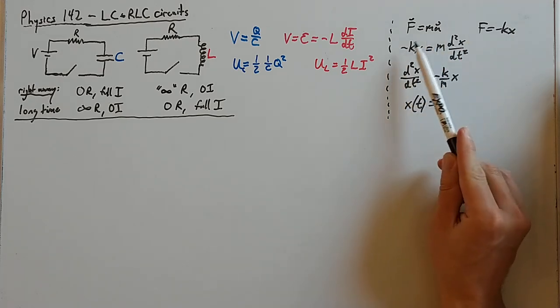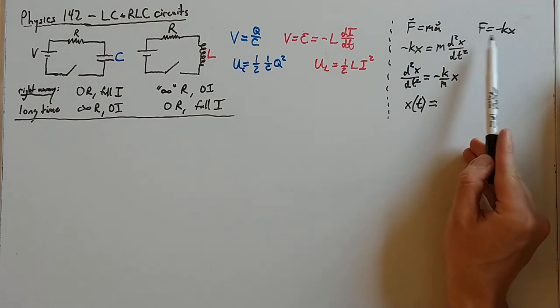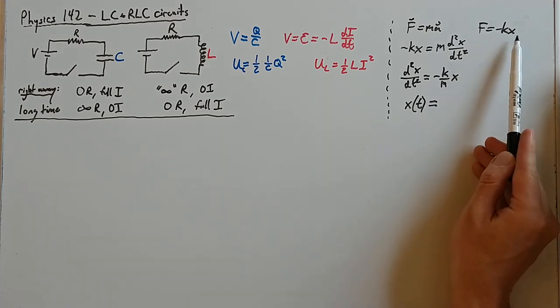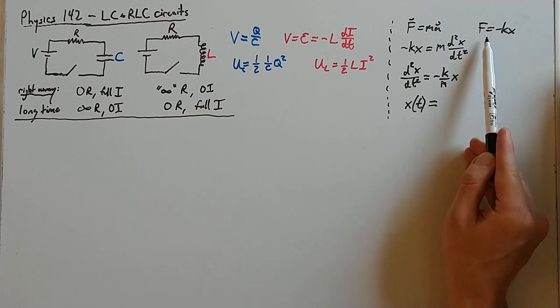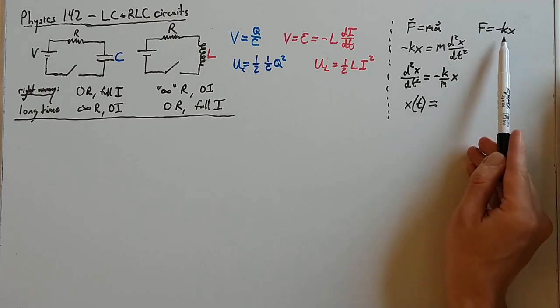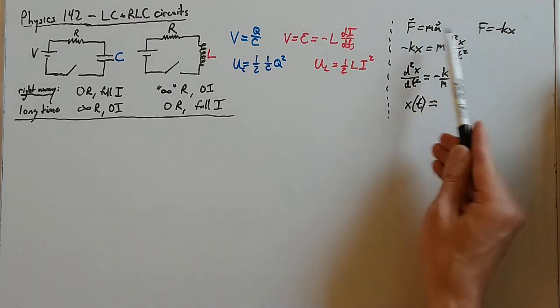And we realized that springs have this Hooke's law, this force law that says the more you displace the spring, the stronger the force is, and it's a restoring force. So we wrote that as minus kx, where k here was the spring constant. Remember all that?